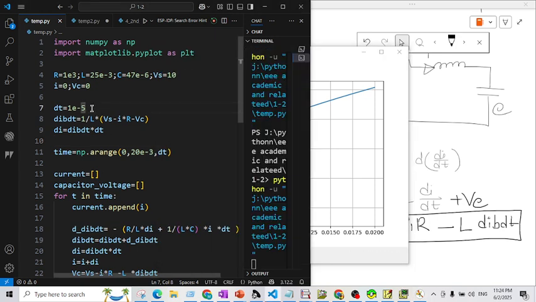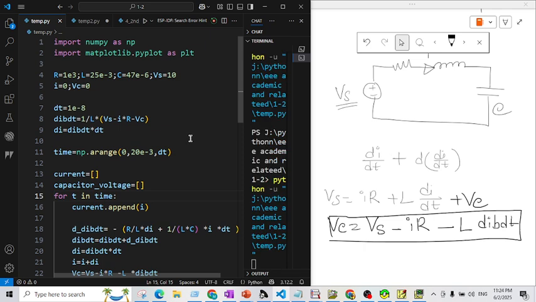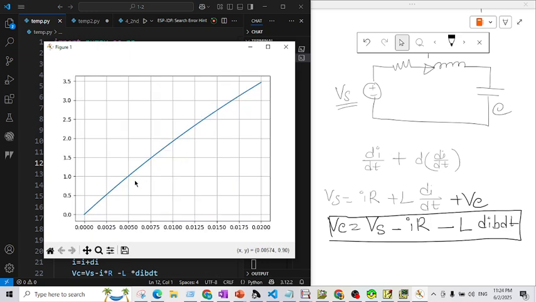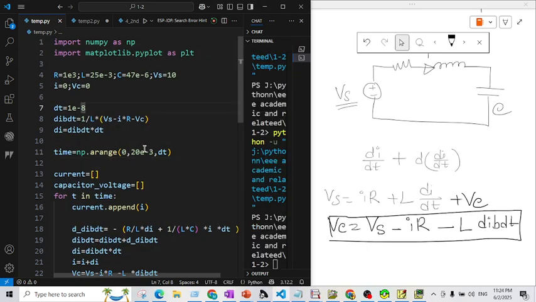We need a small dt. So if I decrease to 1e-8, then I will get this. So I need a small dt to see the graph for small time, but for later I can choose, let's say, 20 millisecond.